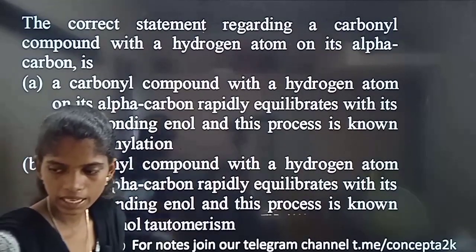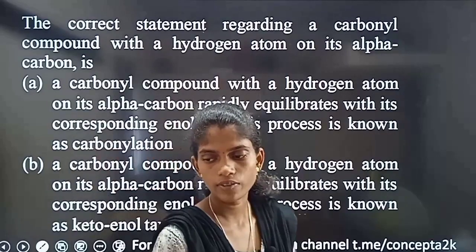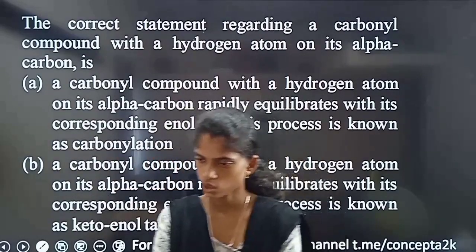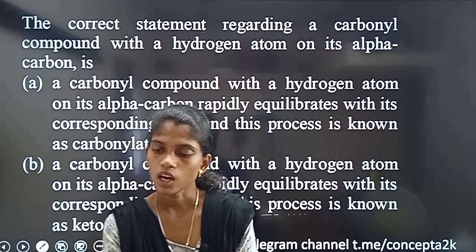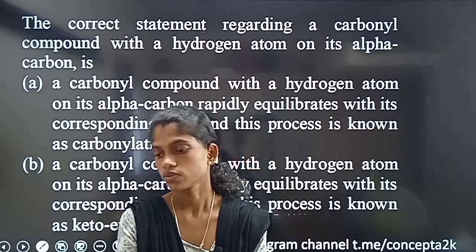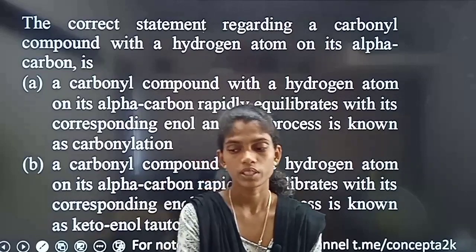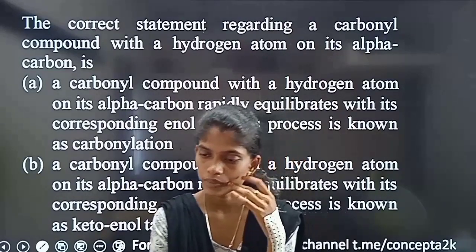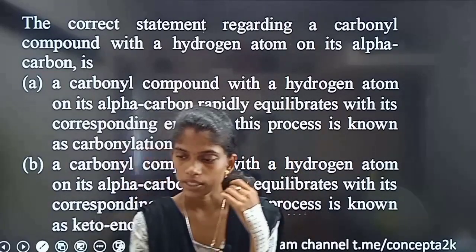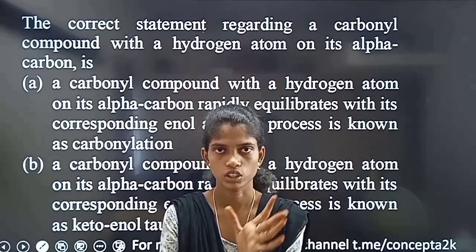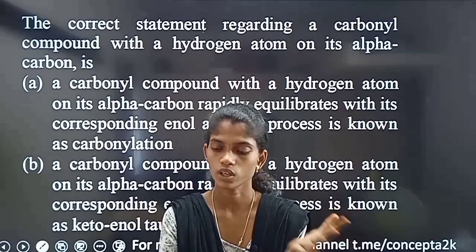The correct statement regarding a carbonyl compound with the hydrogen atom on its alpha carbon is: a carbonyl compound with the hydrogen on its alpha carbon rapidly equilibrates with its corresponding enol and this process is known as carbonylation. Okay, read the options.